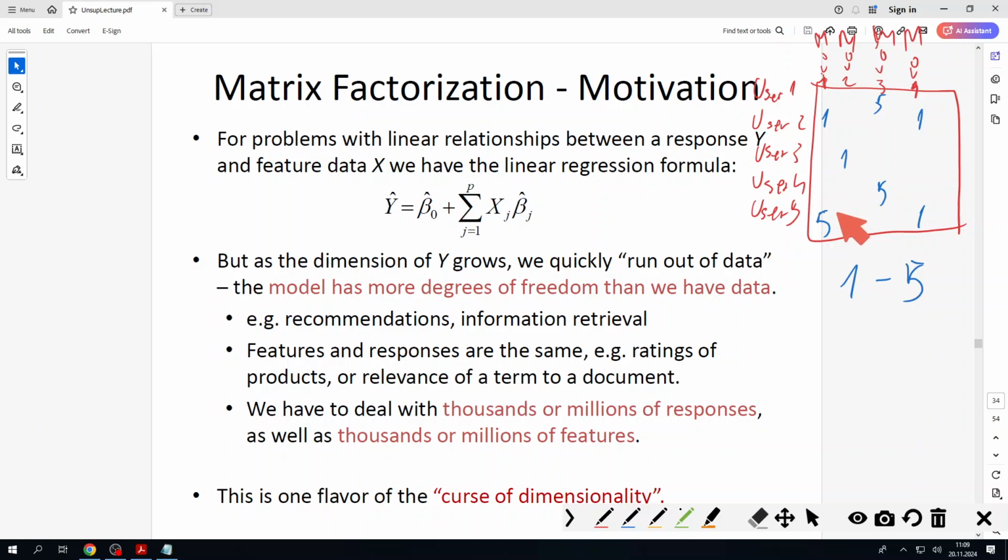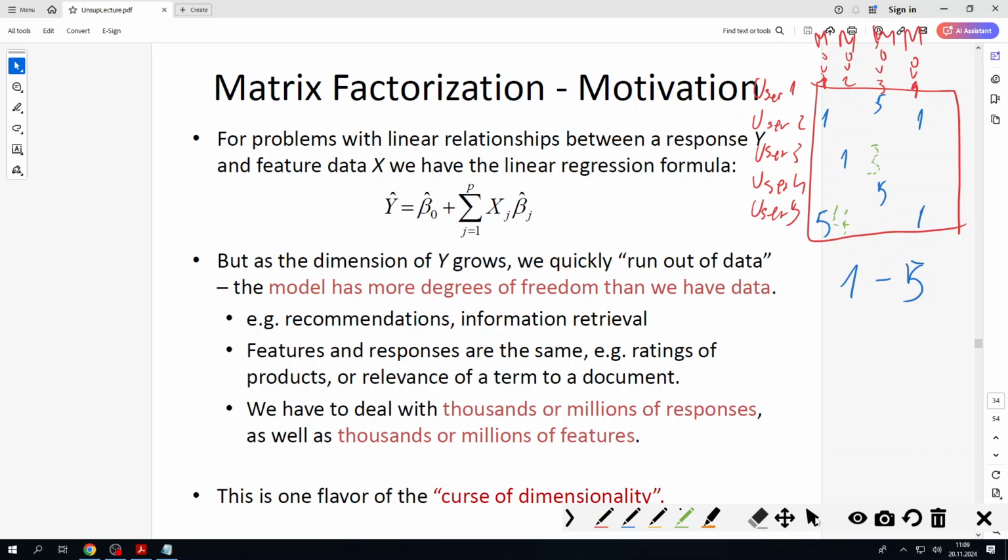So let's say it might have been rated by 4, maybe. We are not sure. And here, this user would have rated it as 3 or something like that. But it's really difficult to do, especially if you have no data.